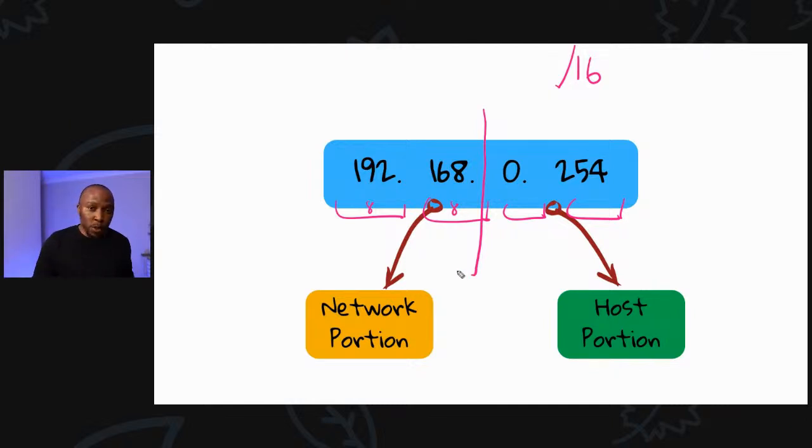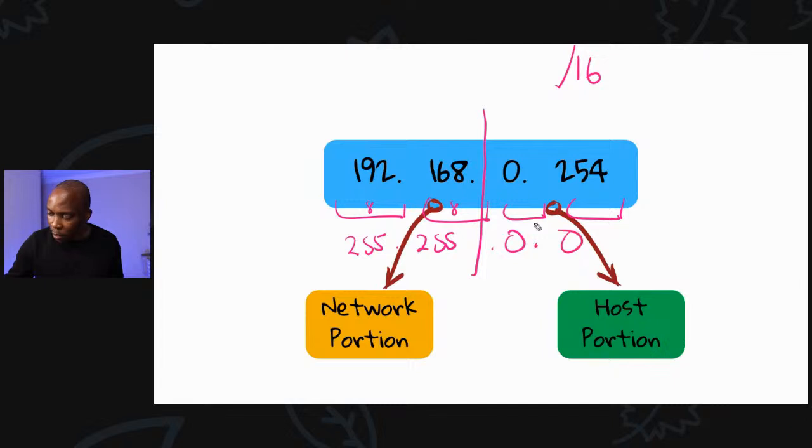So the first 2 octets are going to be identical for the devices to belong to the same network. And the last 2 octets can be any number. I really don't care much, but the first 2 are going to be identical. And what is going to be my subnet mask is going to be 255.255.0.0.